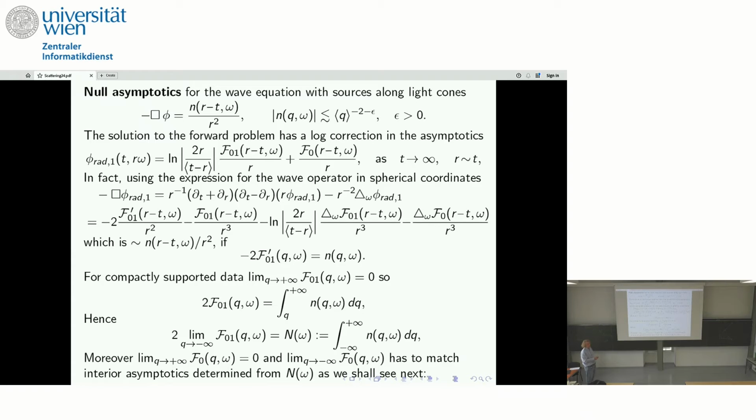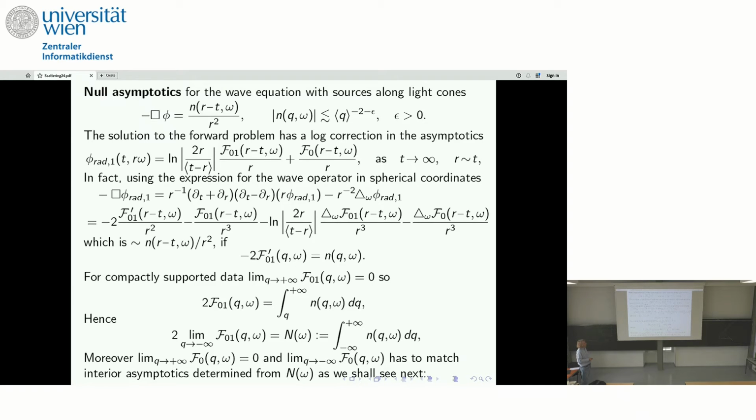And you do that. And also you want to have compactly supported data, so you assume that this decays at infinity. So you get this formula for whatever the coefficient in front of the log has to be. I mean, this we can prove for the forward problem, but if you solve from infinity, you want to prescribe this.